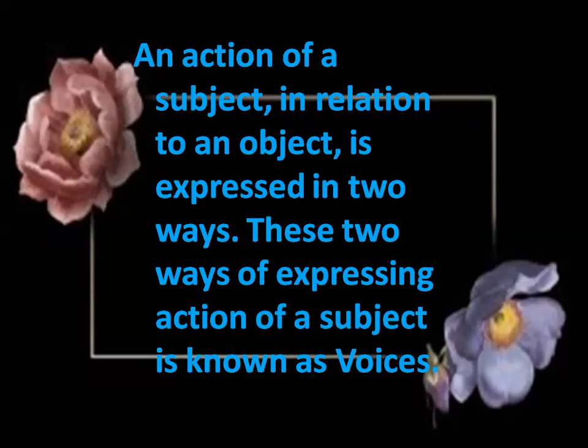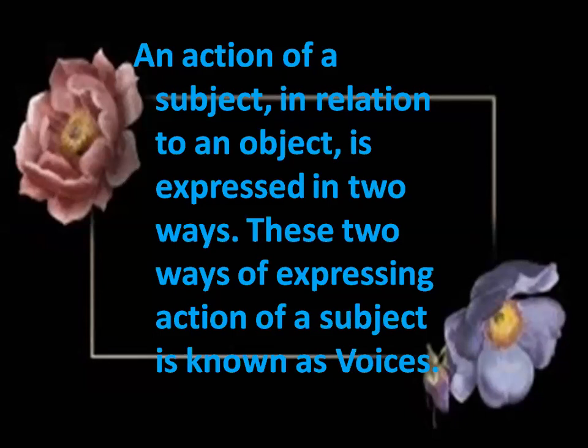overview of voices: an action of a subject in relation to an object is expressed in two ways, when we talk about the action, what has happened, or what will be happening, or what happens according to the tense.